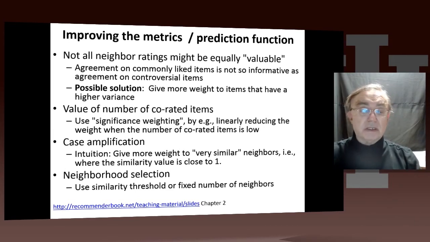And as we discussed, we can use a threshold and only include all users with similarity greater than or equal to 0.85 or something, or you can use a fixed number of neighbors. Take the neighbors with the top similarity and include, say, at most 33 of them or something. So these are all intuitive, heuristic things which are used to make this better.